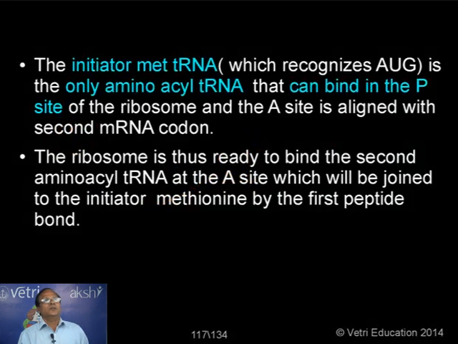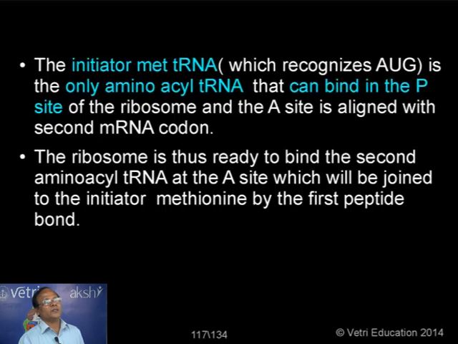Now I have to go over the description once again. The initiator is methionyl tRNA, Met-tRNA, the one which recognizes the AUG codon, the initiation codon on the mRNA. It is the only amino acid tRNA, that is, the tRNA with methionine, that can bind with the P site.